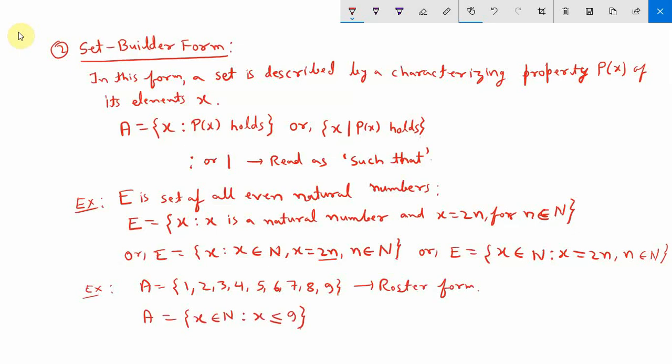If we have another example, we consider set A given as 0, 1, 4, 9, 16, and so on. Dot dot dot stands for and so on. This is in roster form, and this is your set builder form.